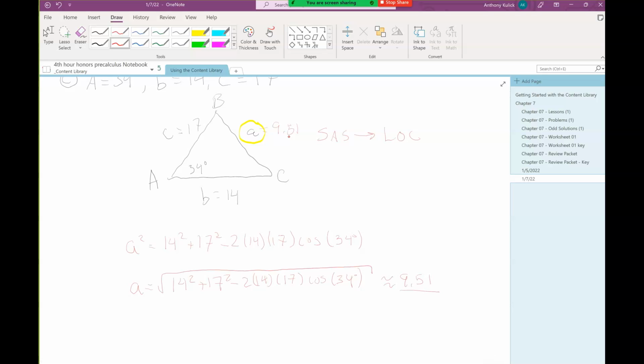So now we're going to solve for angles B and C. To do that, we're going to use the law of sines, because you'll see now that I have an angle and the side that's opposite it. So the law of sines is on the table. Important question. Does it matter which angle I solve for first, angle B or angle C?